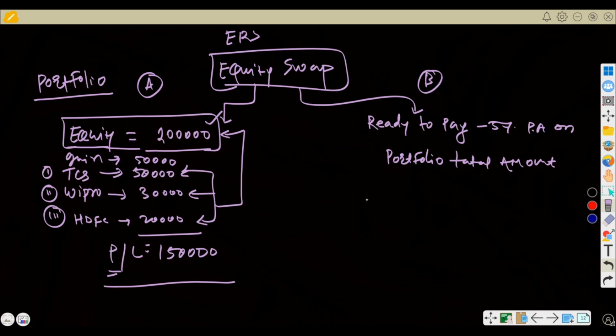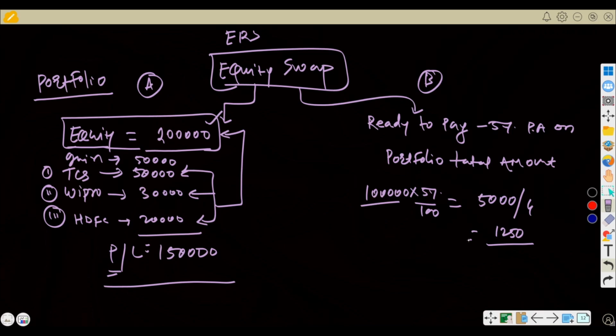B is entitled to pay 5% divided by 4, which becomes 1,250, because it's quarterly. In 1 year there would be 4 quarters. So 1,250. Now see the difference, 1,50,000 and 1,250.